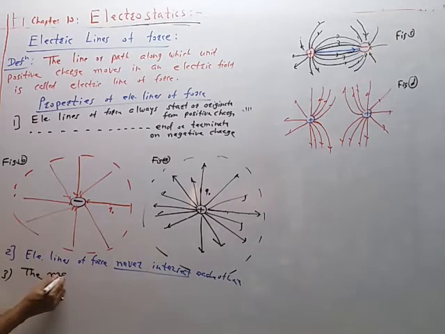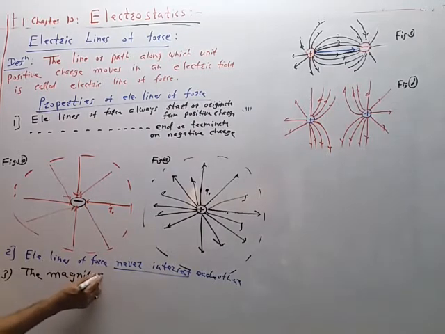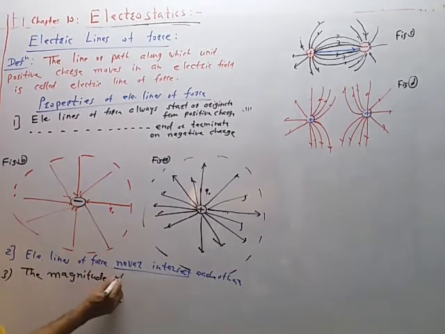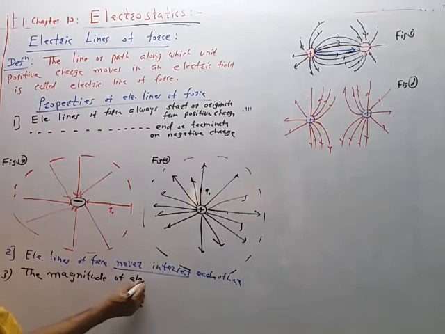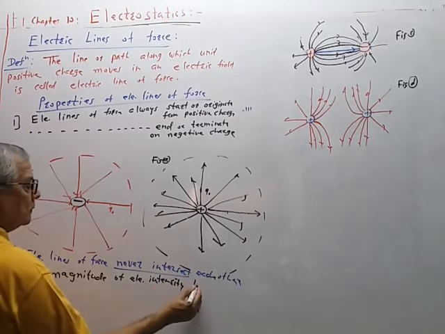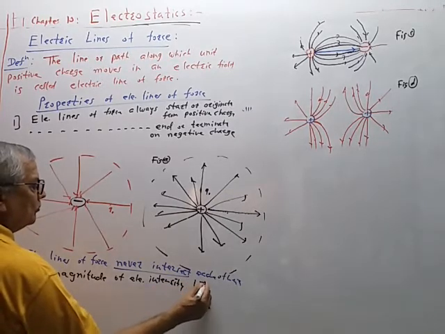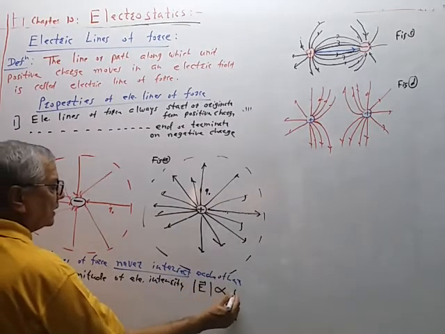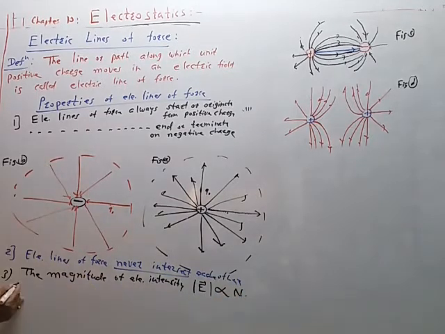The magnitude of electric intensity is directly proportional to n. What is meant by n?